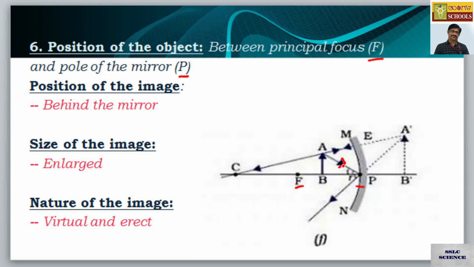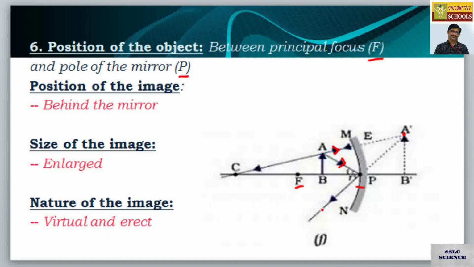So when the ray of light passes through the pole of the mirror, it moves at the same angle, you draw this. And again, the ray of light which is passing through the center of curvature, after reflection it is coming back. So if you take these two pictures backward, the ray of light which is passing through the center of curvature, if you extend this out, you get a point here somewhere.